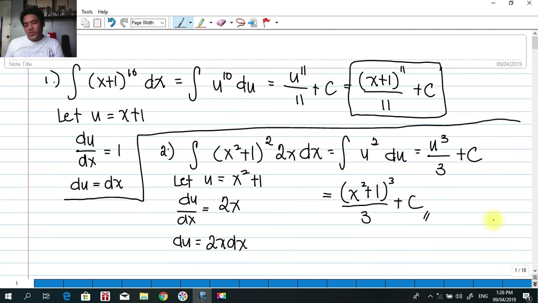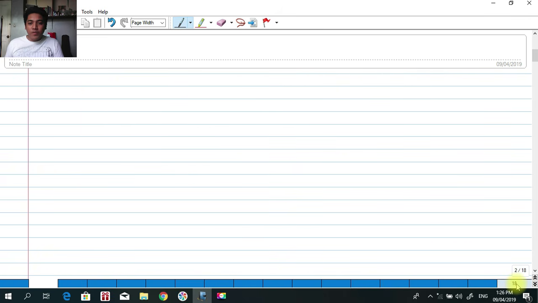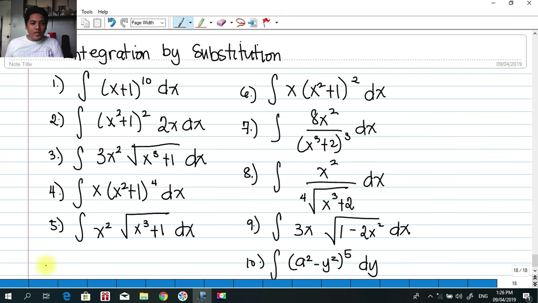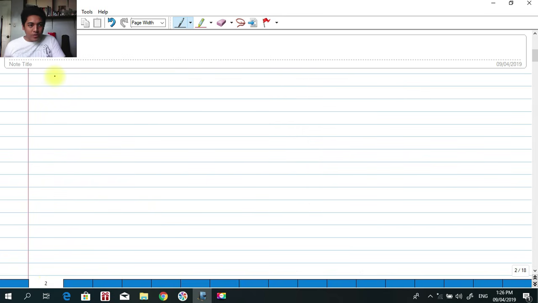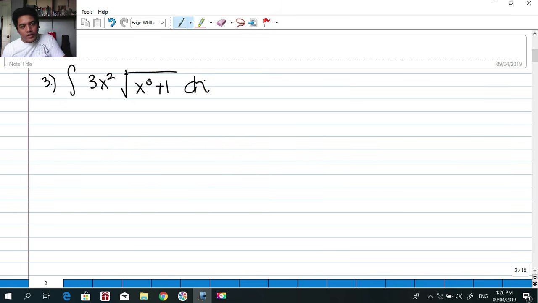We're just going to recall the basic differentiation. For number 3, the integral of 3x squared times the square root of x cubed + 1 dx.